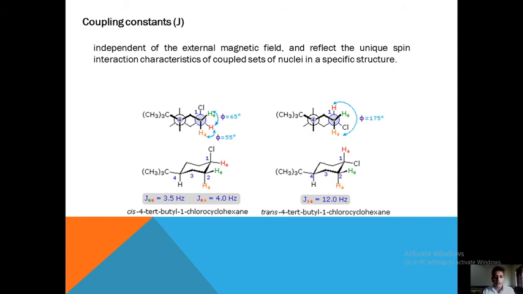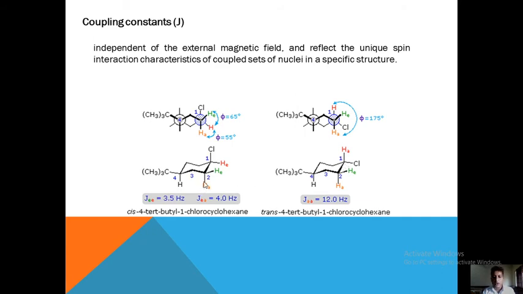The preferred equatorial orientation of the tertiary butyl group holds the 6-member ring in the chair conformation despite its drawing. In the trans isomer, this is fixed, and the red hydrogens are in an axial orientation, whereas in the cis isomer they are equatorial.